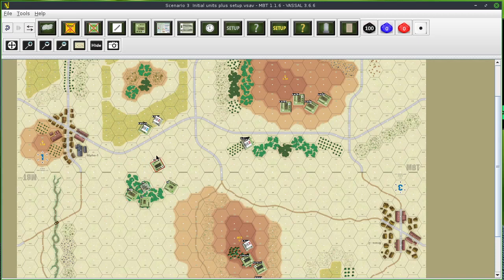And then the full cover marker, I just put in the hex next to the infantry unit right there, just so that I know that that's in full cover. So the vehicle goes down below, the infantry goes above the vehicle, and that gives me more TOW missile coverage. The actual Command Abrams itself, I'm not going to expose. I'm going to keep them back there.